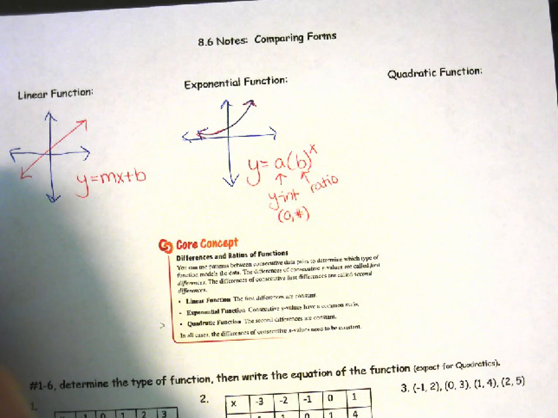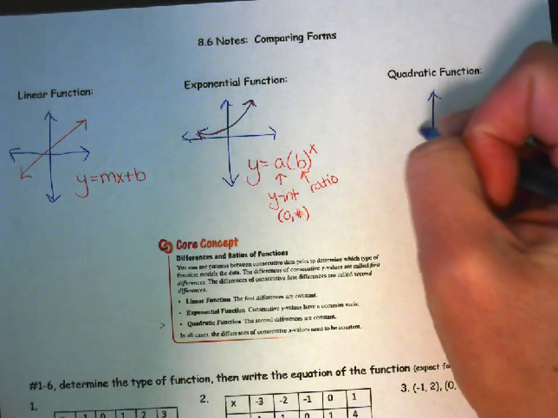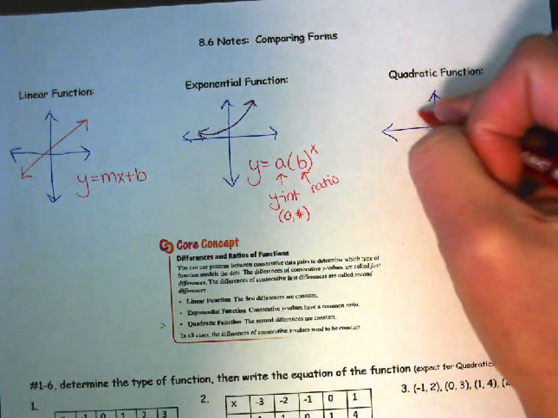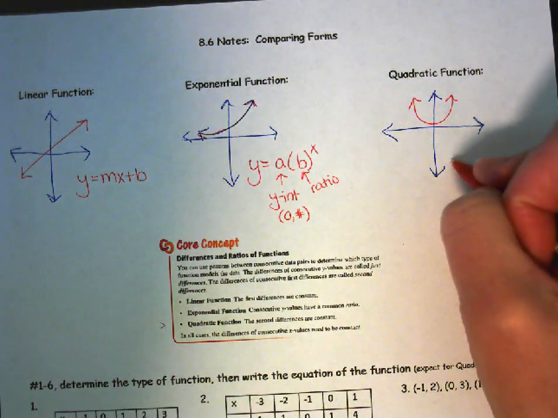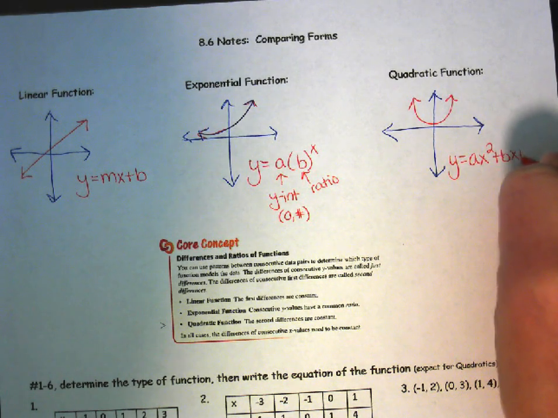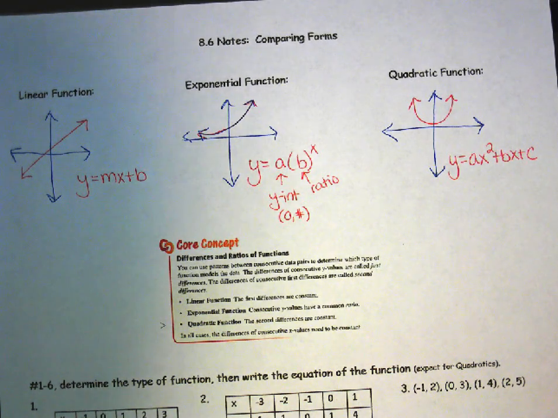Now, quadratics are what we've been learning in this chapter. There's lots of different ways to draw a quadratic, but if we just draw it like this, there are three different forms. Just to review, you have standard form, that's ax squared plus bx plus c. Notice there's no parentheses, that's called standard.